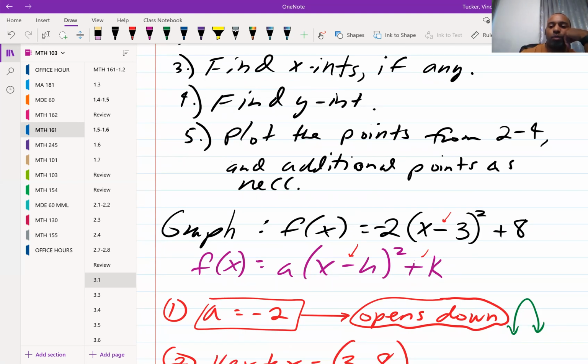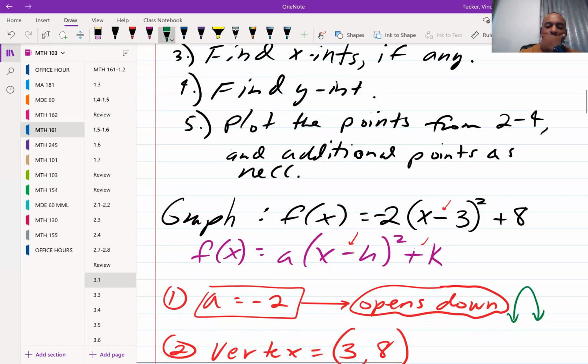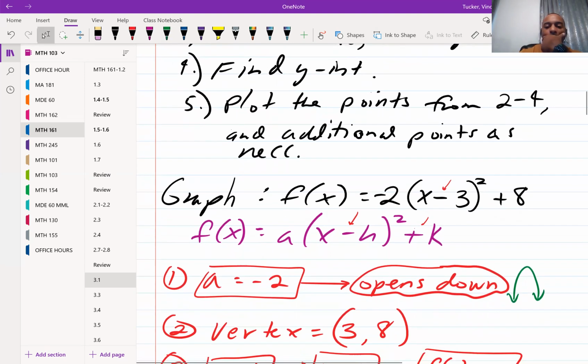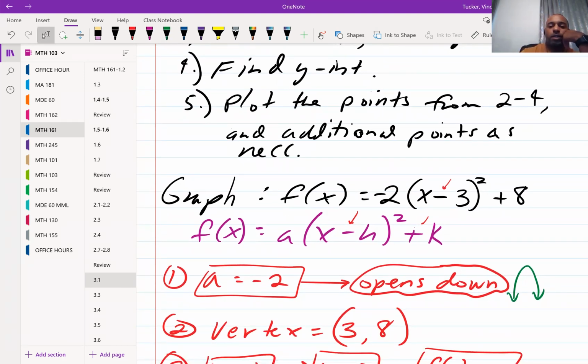If it were positive, it would open up. The vertex is going to be (3, 8). Remember what I mentioned before: you use the opposite sign for h. So if it's -3, then it should be +3. And then you use the sign that they have for k, so that's +8. Any problems with steps 1 or 2?